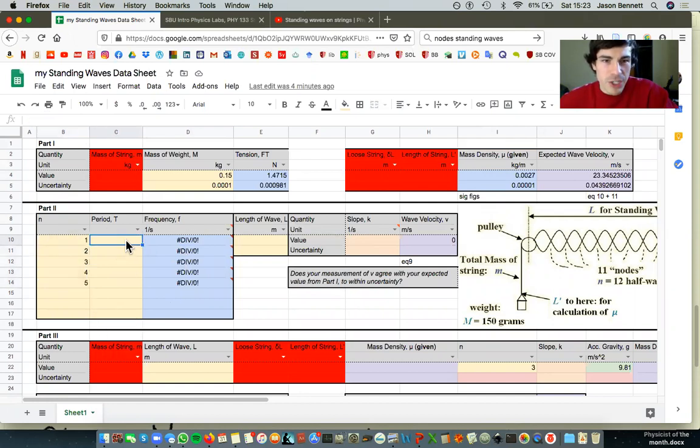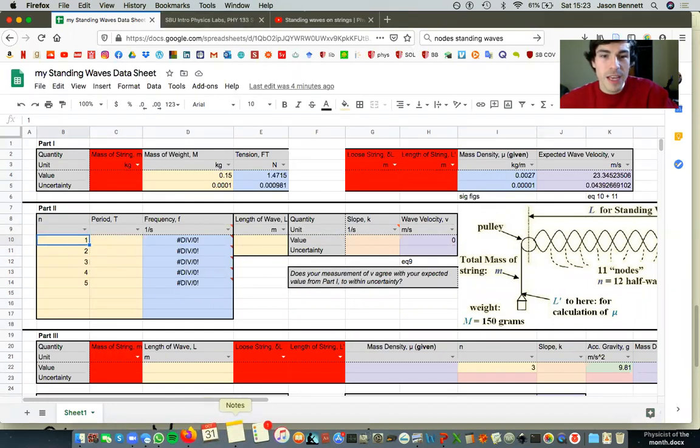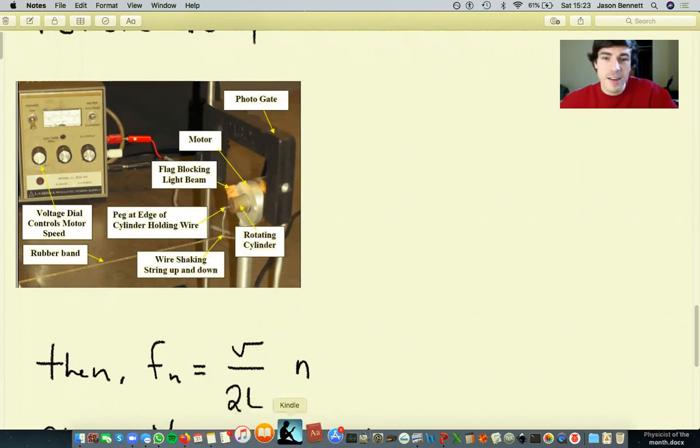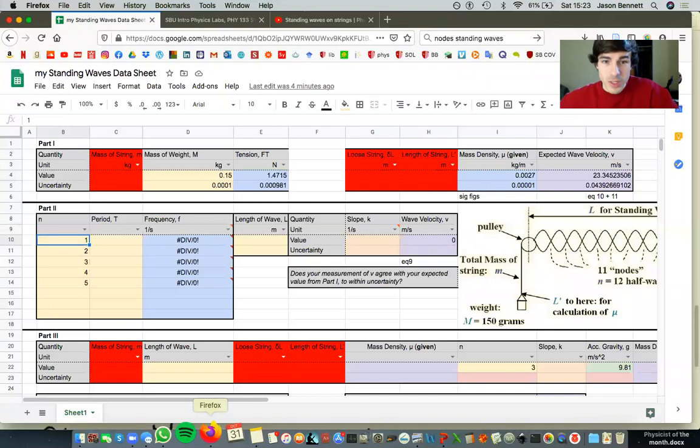I measure the period at each of those. So I tune the knob on the engine until I see it as distinctly as I can, and then you go to Logger Pro, find the period, and then take 1 over that to get the frequency.